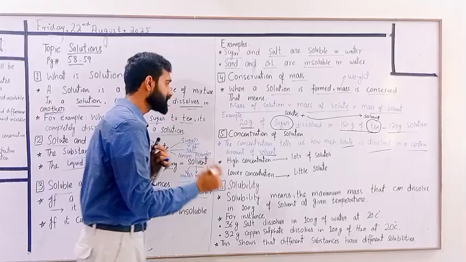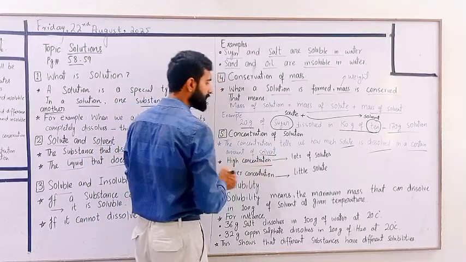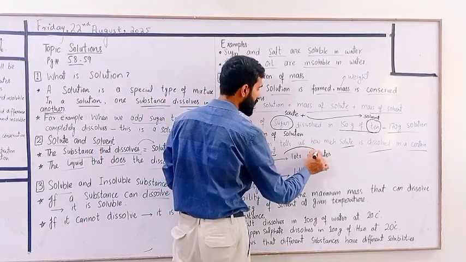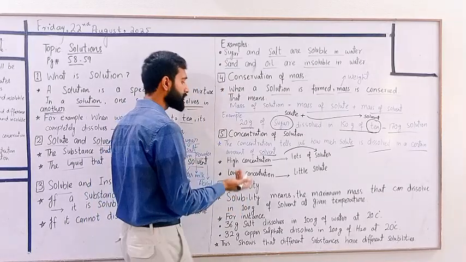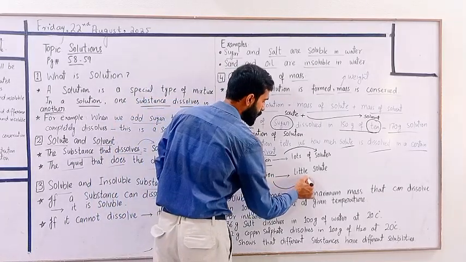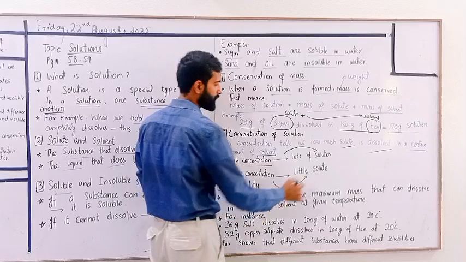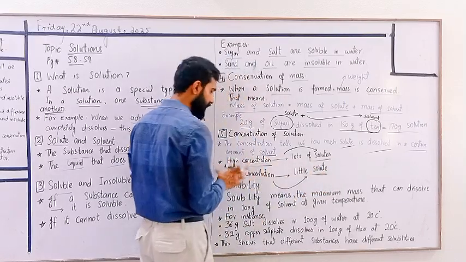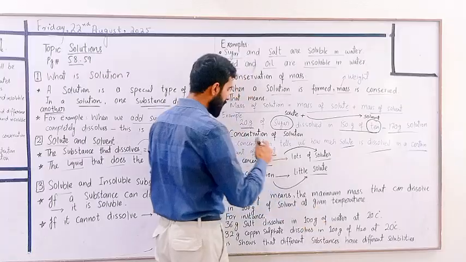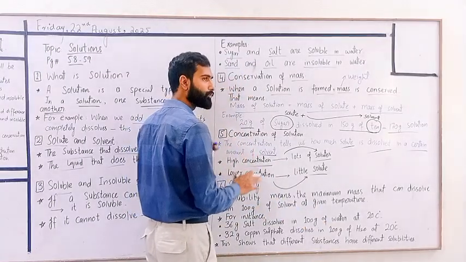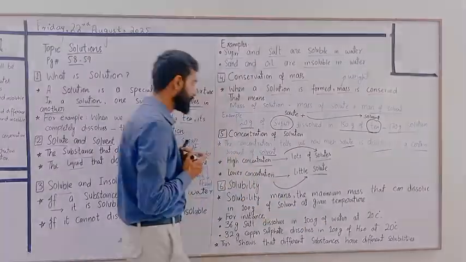If we have a high concentration, that means we have a higher amount of solute. If we have a lower concentration, it means we have a lower amount of solute.